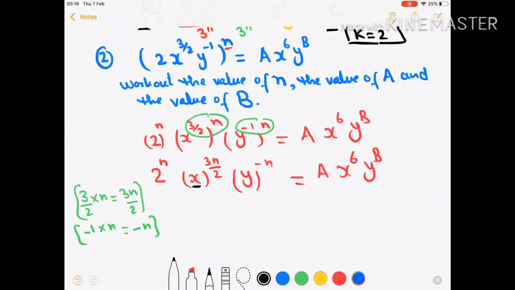Now we want to compare. On the left hand side x, and on the right hand side x. So both are equal. It means their powers are equal as well. So 3n divided by 2 equals 6.